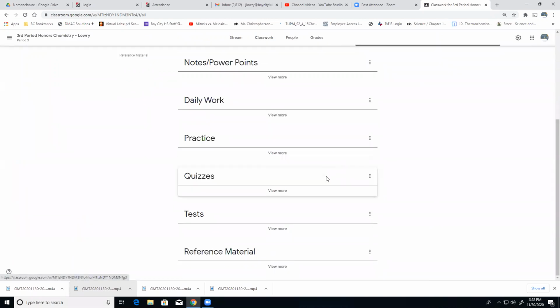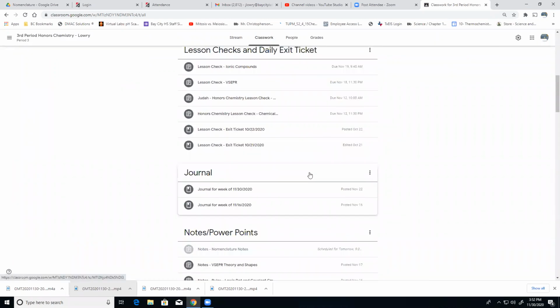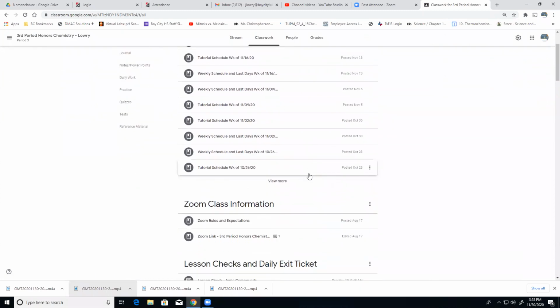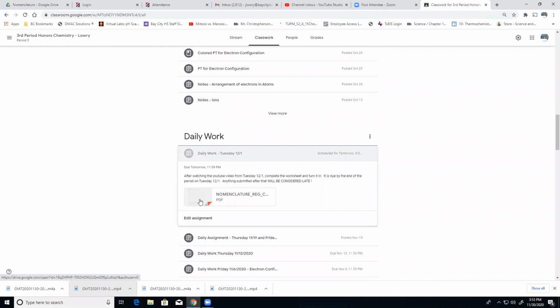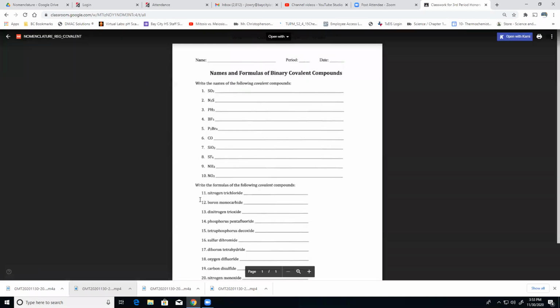And this is under daily work. And it's nomenclature, so you will have to use CanMe to fill that out. That is just for my virtual students. My regular students that are in class in person, y'all need to complete the worksheet.